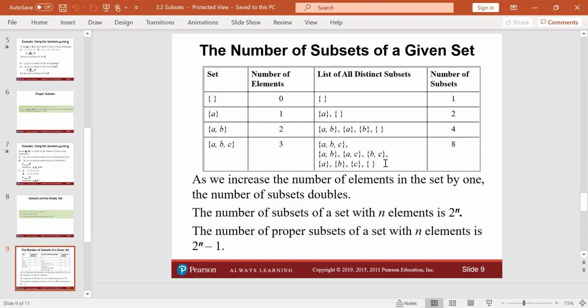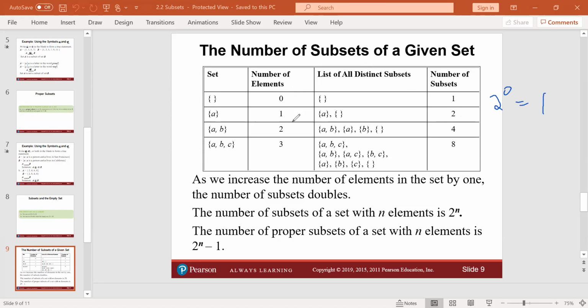So it's kind of a weird pattern that's starting to form. The number of subsets is doubling as I increase the number of elements by 1. In fact, there's a nice simple little rule. The number of subsets of a set with 0 elements is 2 raised to the power of 0, which is 1. Remember, raising anything to the 0th power is 1.